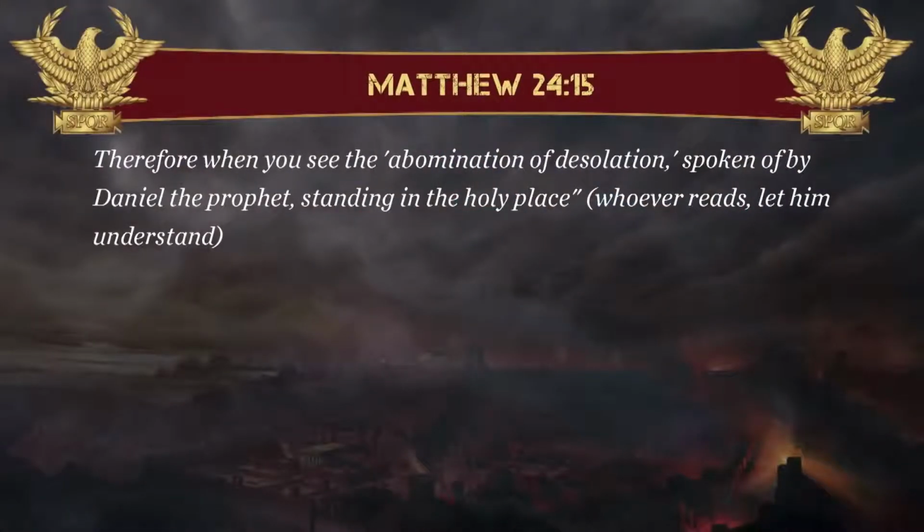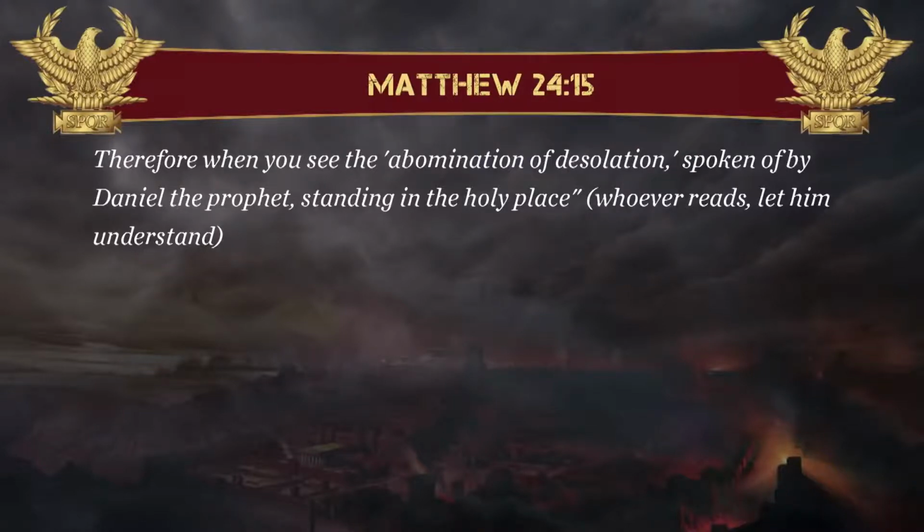Notice Matthew chapter 24 and verse 15. This is referring to the abomination of desolation. It says there, Jesus is speaking, "Therefore, when you see the abomination of desolation spoken of by Daniel the prophet standing in the holy place," so notice, the abomination of desolation is standing in the holy place, "whoever reads, let him understand."